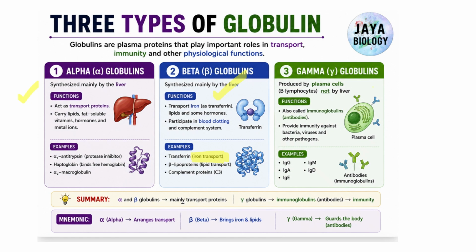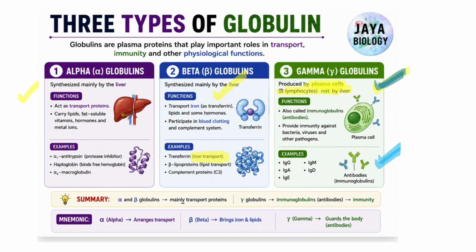Gamma globulin is actually made by a special type of B lymphocyte, that is the plasma cell. Please focus, it is made by the plasma cell and not by the liver cell. It makes antibodies, which protect against pathogens. You can say it is used as a defense mechanism.